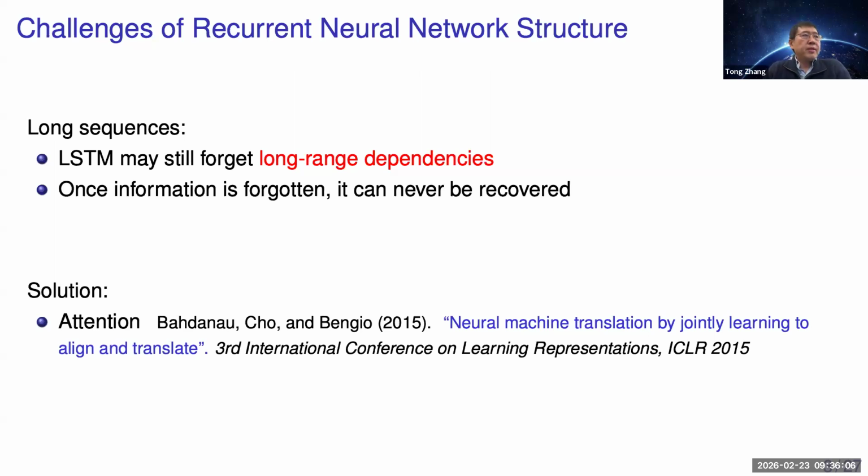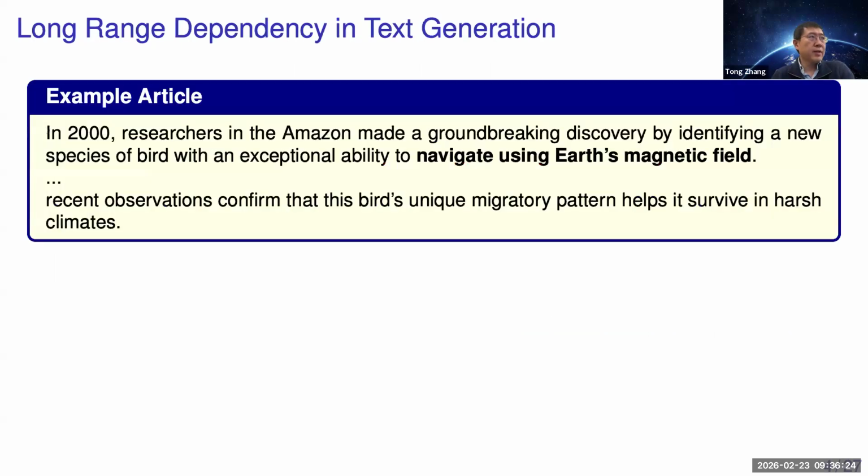Attention was introduced to handle alignment in the translation framework. But for RNNs, what we care about is really this long-range dependence issue.